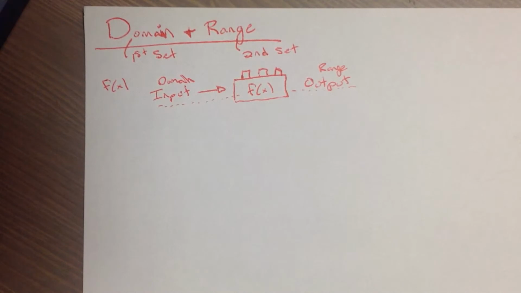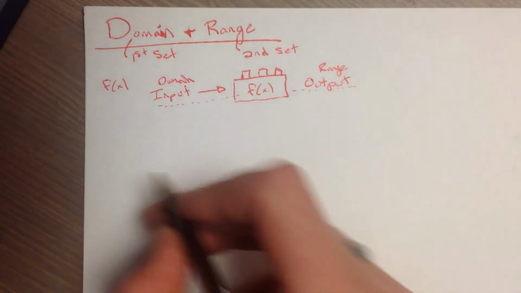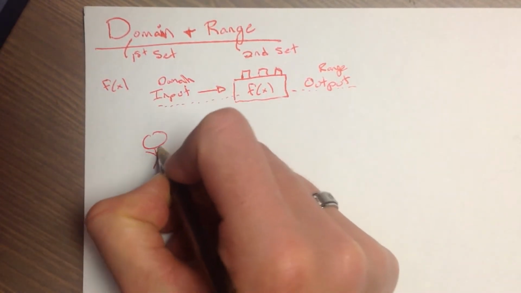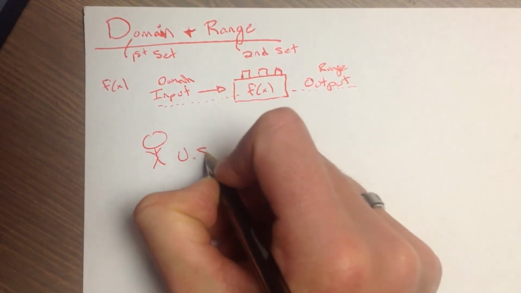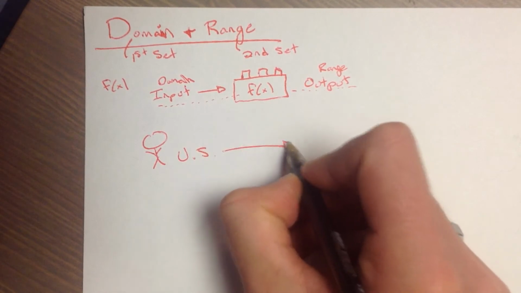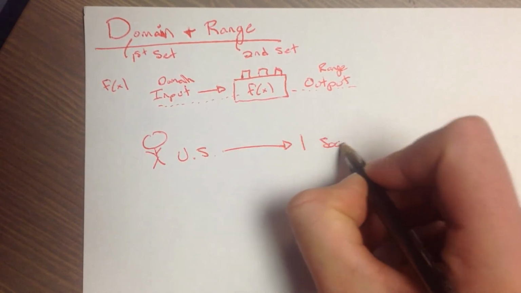When talking about different sets of numbers, another way to illustrate this when it's not a function is, say for example, to each person in the US, fantastic drawing, right? There is only one Social Security number.